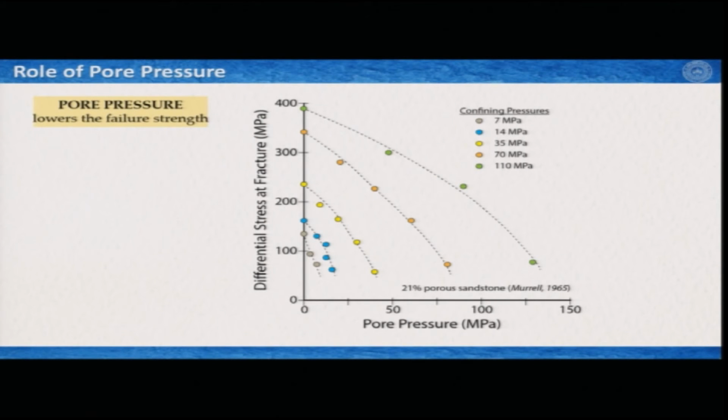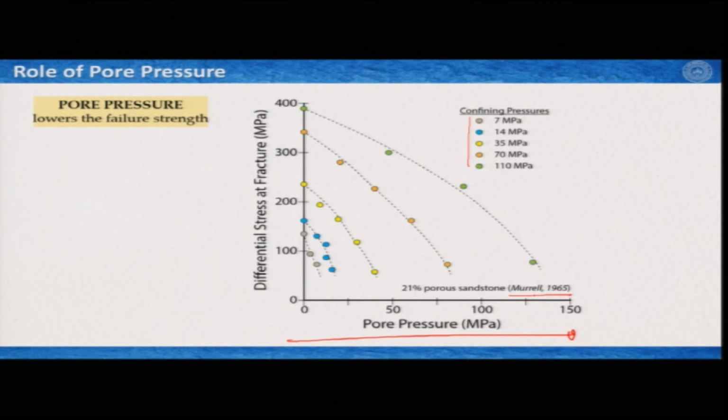Now, this is another way of looking at how pore pressure does play the role in governing the strength or flow of the rocks. So, these are again done on porous sandstone, and this time the experiments were done by Murrell in 1965, and here the porosity was 21%. Different circles here are of different confining pressures that were applied, and on this x axis we have different pore pressure.